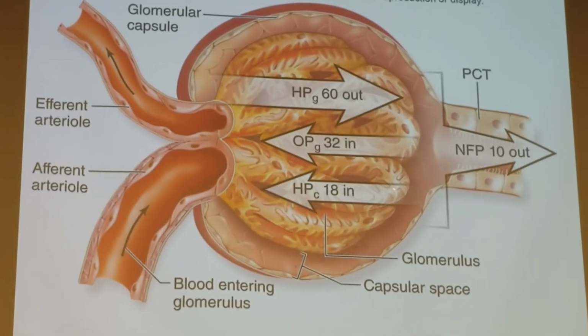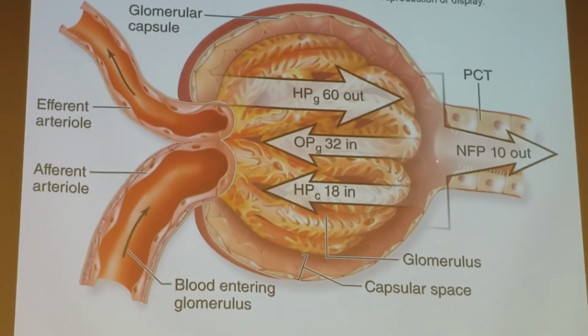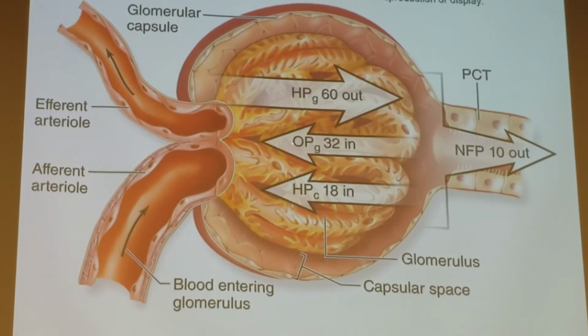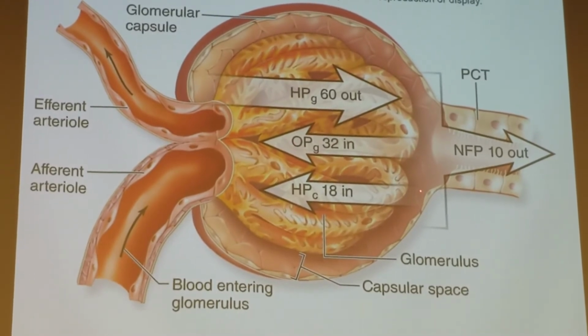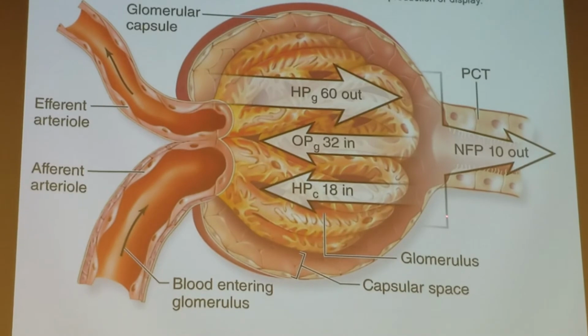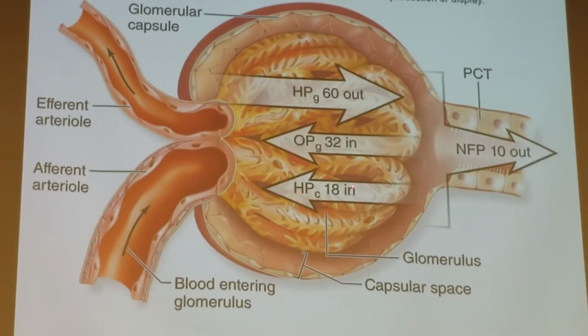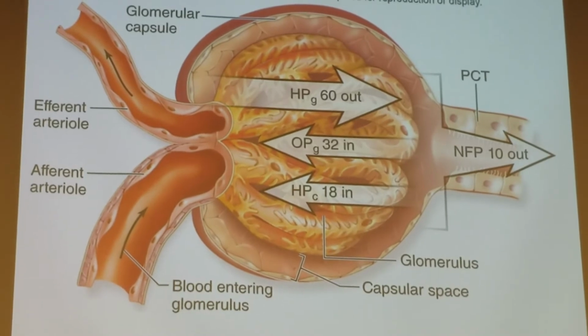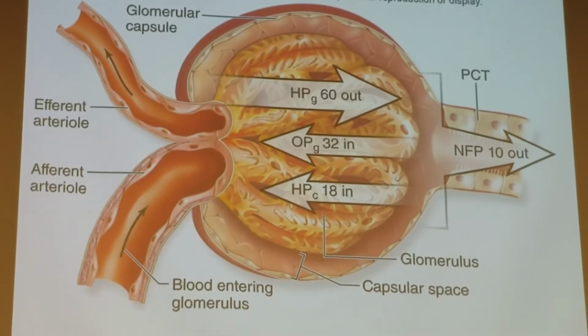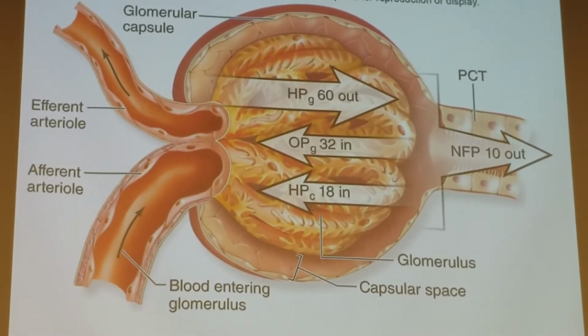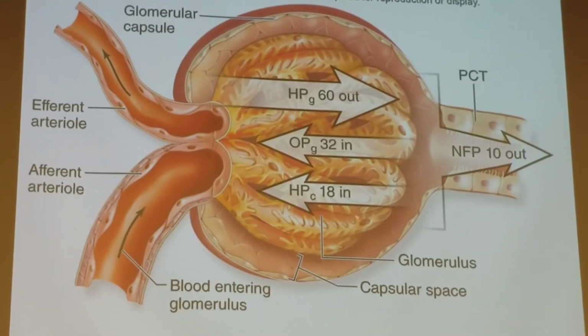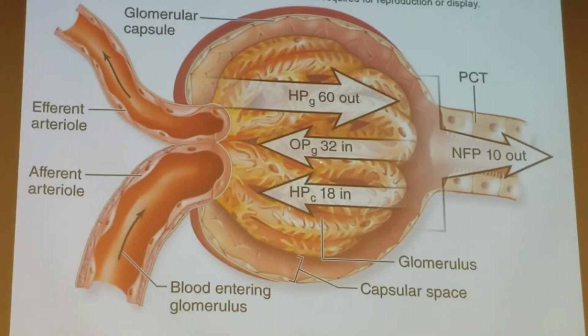All of the solutes that are in the blood doing osmotic draw, trying to keep it in, and the literal pressure of the fluid outside trying to push itself back into the capillary. Well, what is 32 plus 18? 50, okay, that's good. Now, I've got 50 units of force trying to push into the capillary.